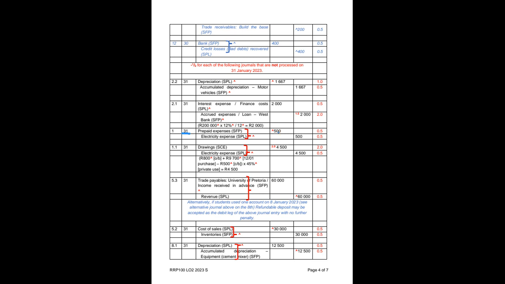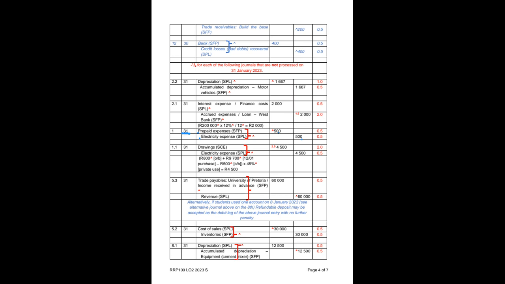So we decrease our expense by crediting it, and we debit or create the prepaid expense for 500 Rand. Again, the reason why we're doing it is because we haven't used it, but we're sure that we will be using it in February. So therefore, we need to exclude it from the January expense and make sure that it is an asset so that when February comes around, we can do the process again of unwinding it and making it back into an expense.